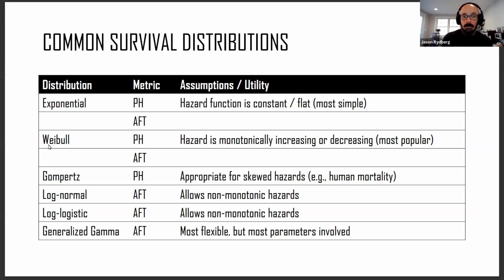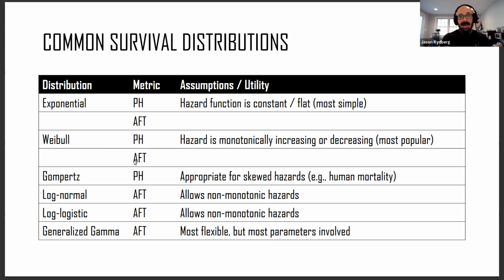The Weibull distribution can be used when the hazard is monotonically increasing or decreasing. Remember, that's just going up or going down over time. It does not have to go down at a constant rate. It can go down at a nonlinear rate, but it is always increasing or always decreasing. So Weibull can do both proportional hazards or accelerated failure time.